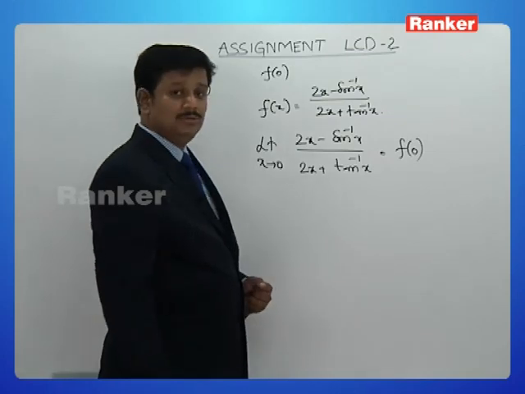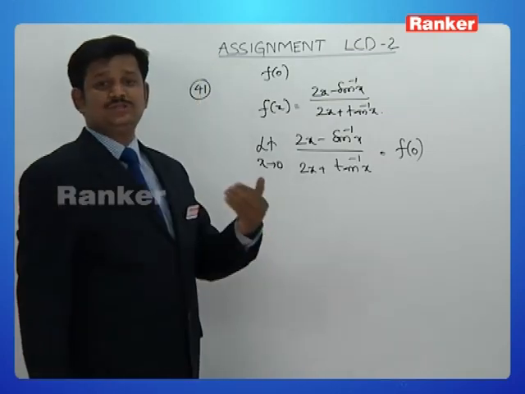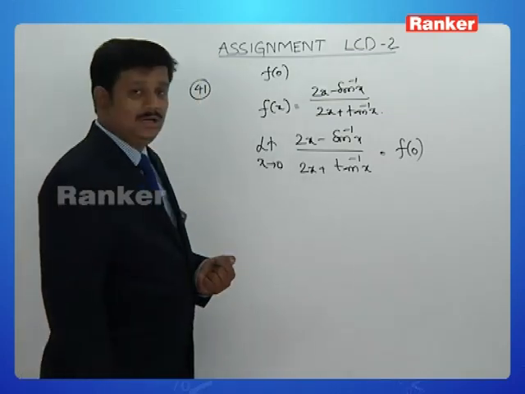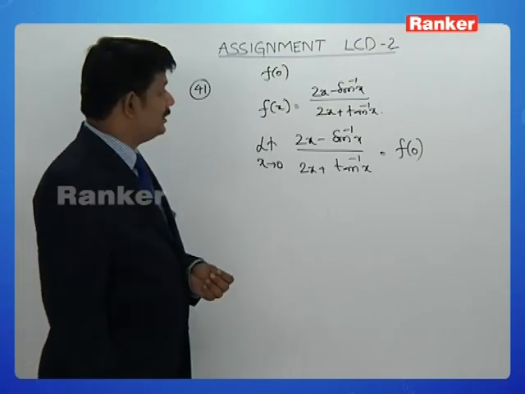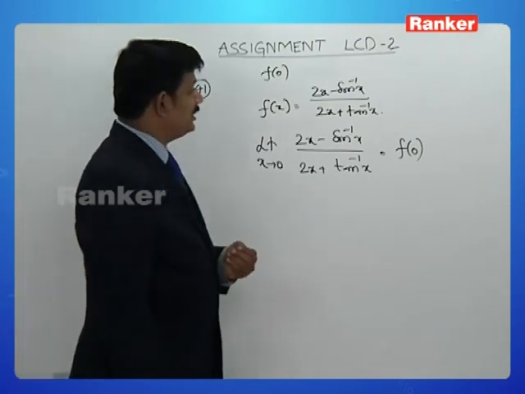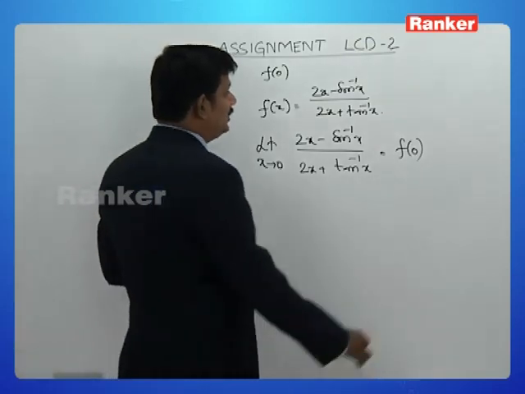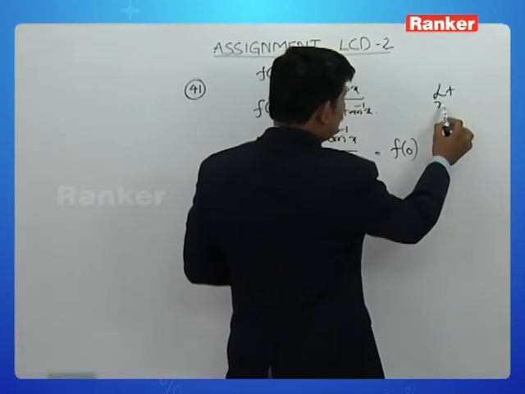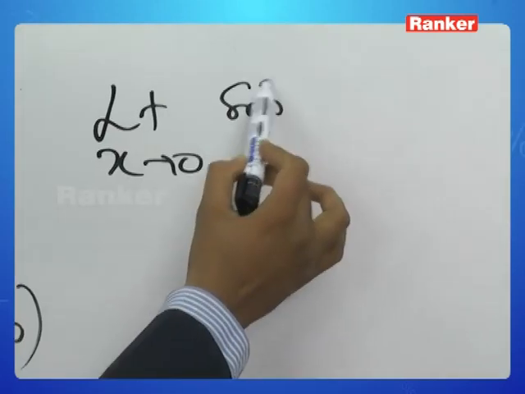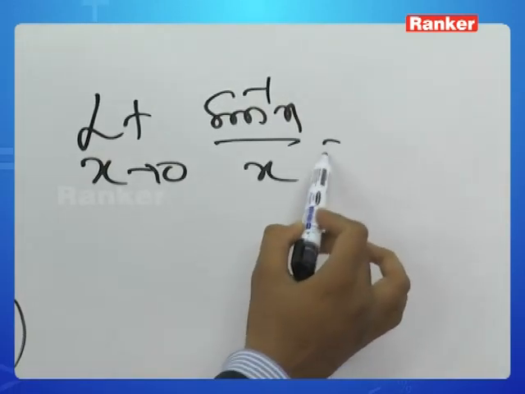We all know limit x tending to 0 sin x by x is 1. So, limit x tending to 0 x by sin x is also 1, and from that we can say limit x tending to 0 sin inverse x by x will also be 1.